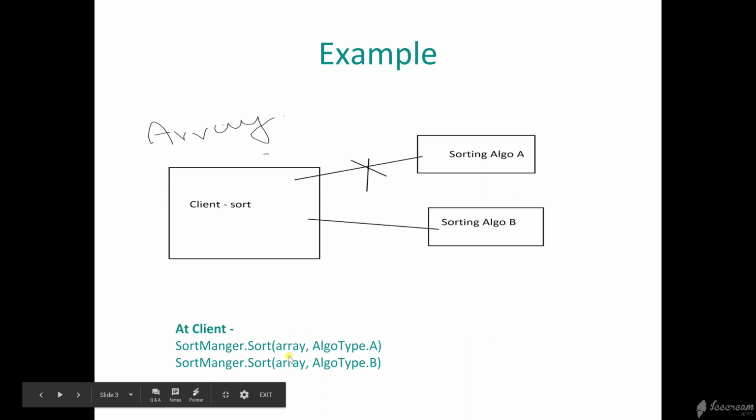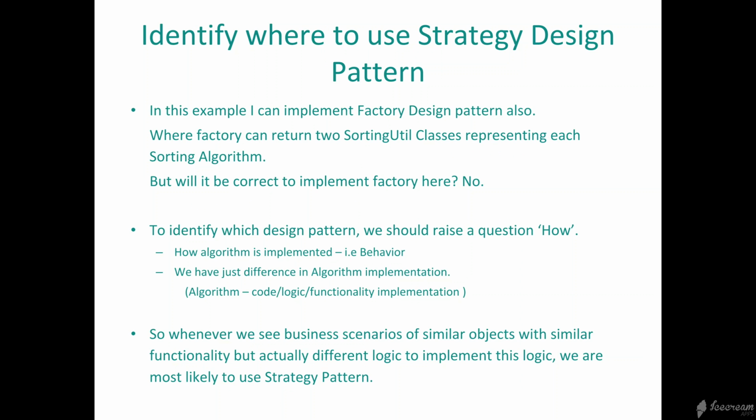And he can pass the array parameter to be sorted and the algorithm type A or B. So this is very generalized code at the client, and he can interchange the algorithm from A to B depending on the requirement. So this is one very good example of using the strategy pattern. So it's very important to identify the situations, the scenarios where you have to use the strategy design pattern.